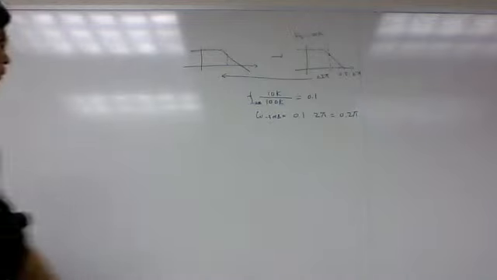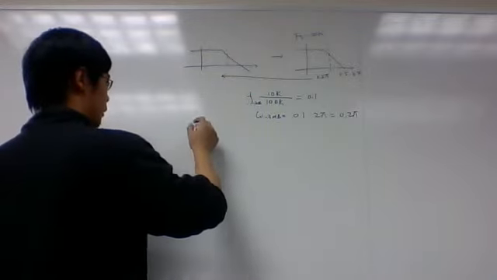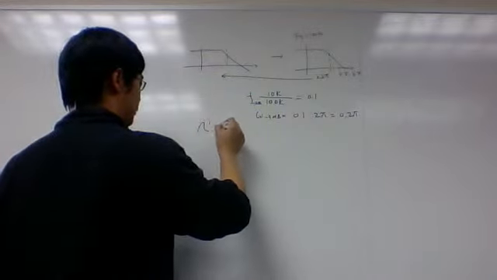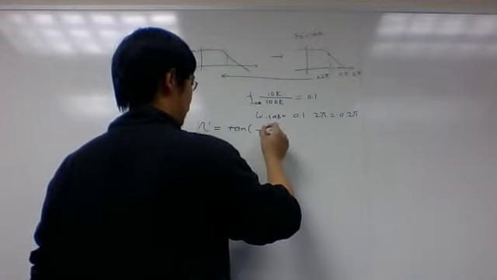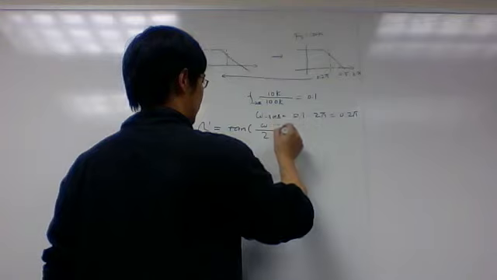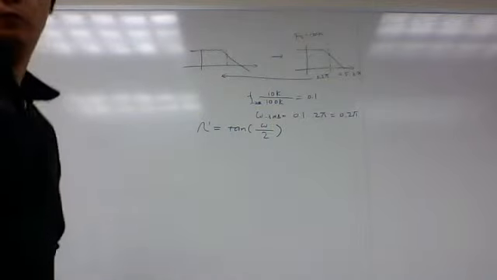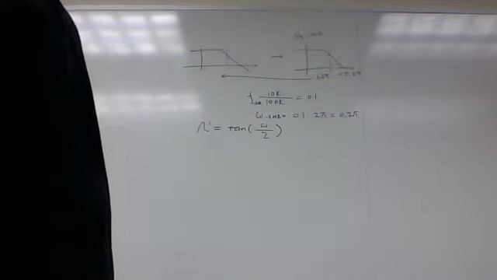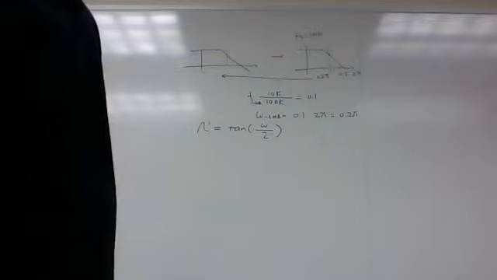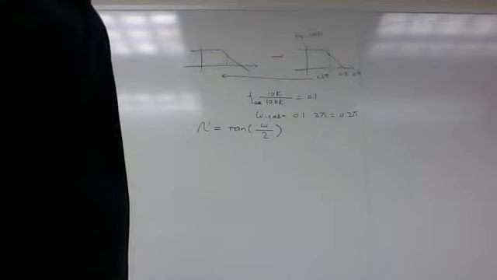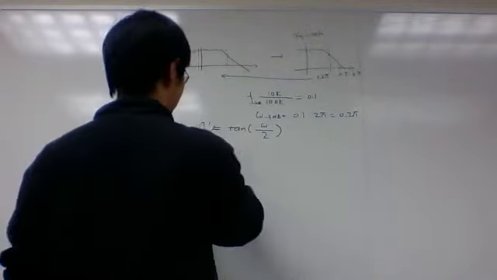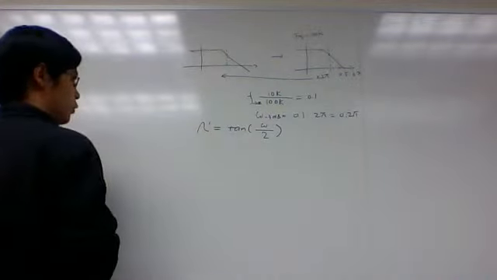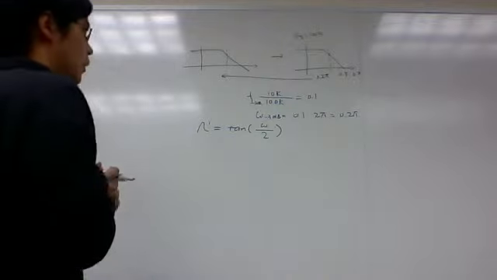So then we use the formula, right? So basically omega prime will be tangent of half of omega. Okay. So that will give you, because this is normalized to a T of 1, right?